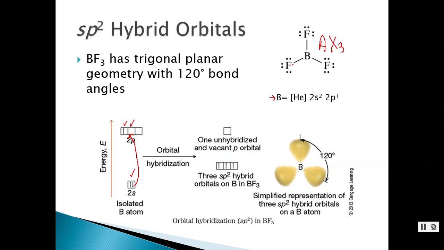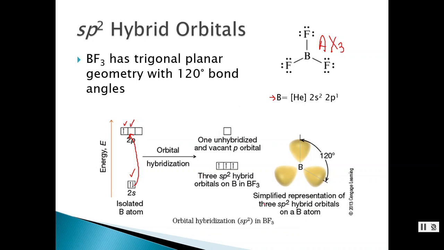One other note to make about this example, you notice that in hybridization, sometimes some orbitals remain unhybridized because they are not participating in bonding. So for BF3, we have 3 sp2 hybrid orbitals, but we also have a vacant, unhybridized p orbital still on boron.